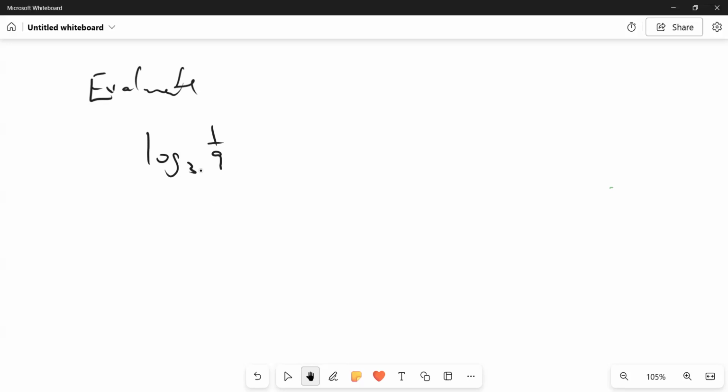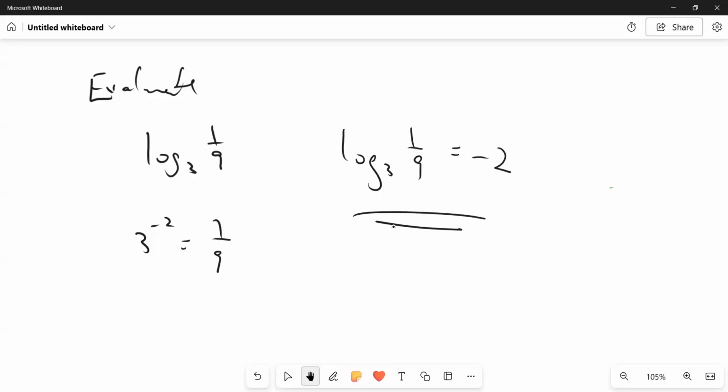You can recognize that 3 to the minus 2 equal 1/9, right? So the logarithm of 1/9 with a base of 3 is going to be minus 2. I think I did an example like that before, similar to that, which I think is 1/16 with a base of 4.